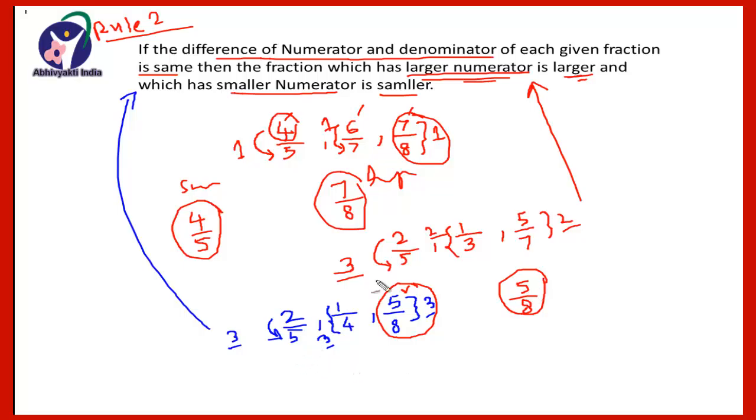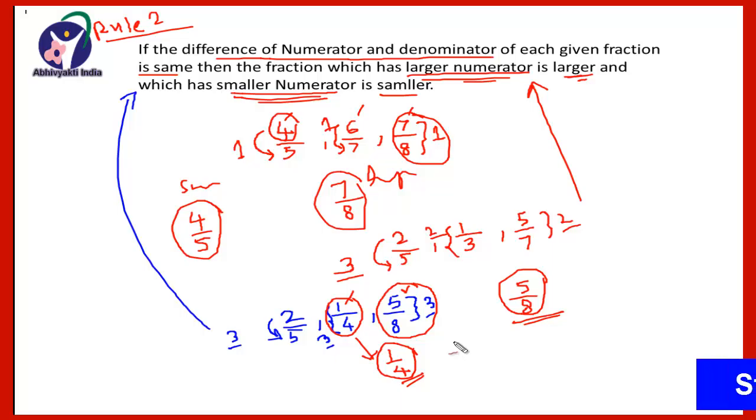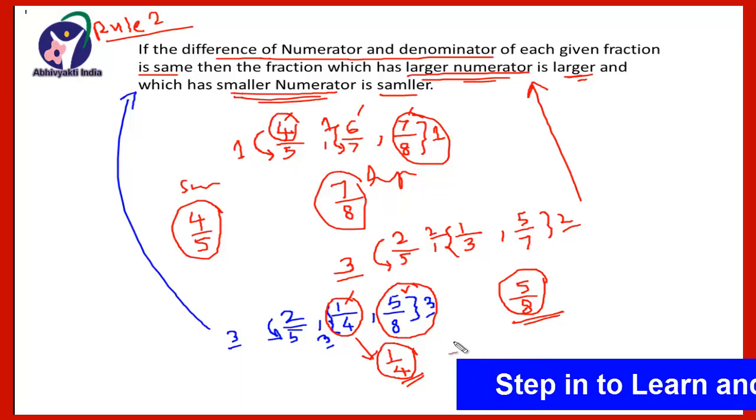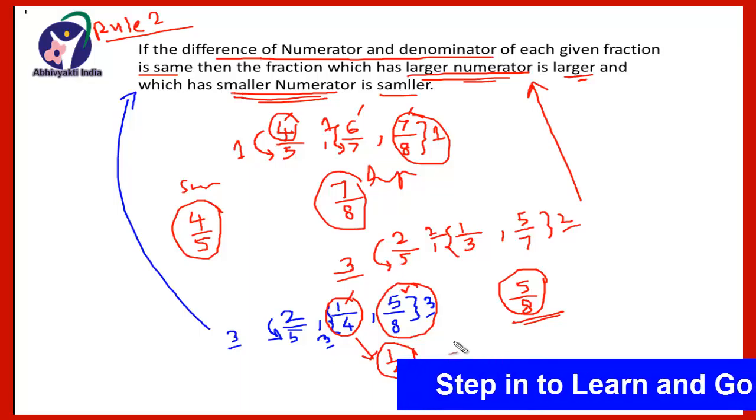And the fractional number which has the smallest numerator, 1 by 4, 1 is the smallest numerator, and therefore 1 by 4 is the smallest fraction among the three. So the largest fraction is 5 by 8 and the smallest fraction is 1 by 4. This way, if 3, 4, 5 or 6 fractional numbers are given and you have to find the largest or the smallest fractional number, you can apply this rule if the difference of numerator and denominator is same.